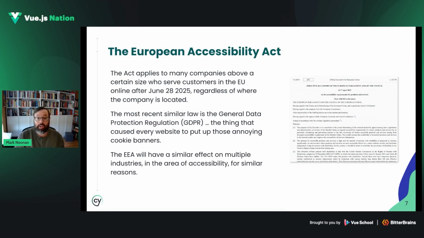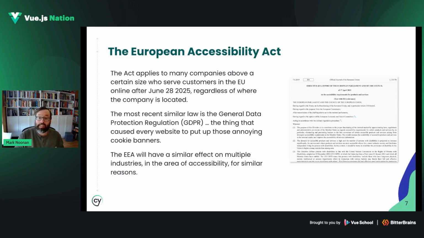What it does is create these obligations for member countries of the EU to create accessibility-related legislation. In the last session, the GDPR came up, this regulation that introduced globally a much bigger presence of privacy notifications, agreements, cookie banners, all of those things that grew up in the last 5 or 10 years since the GDPR was introduced.